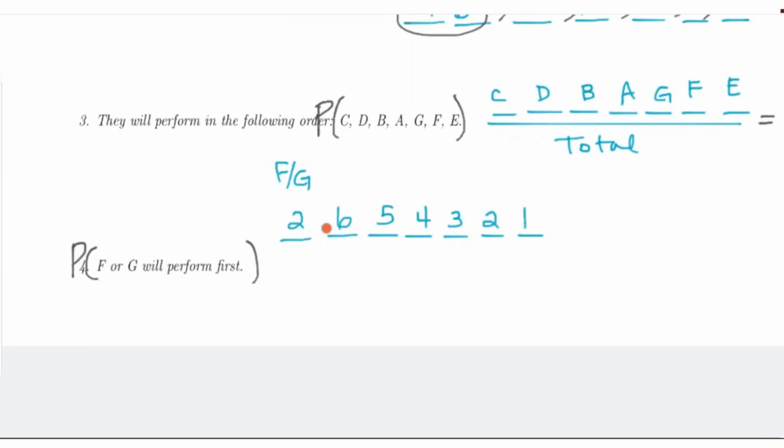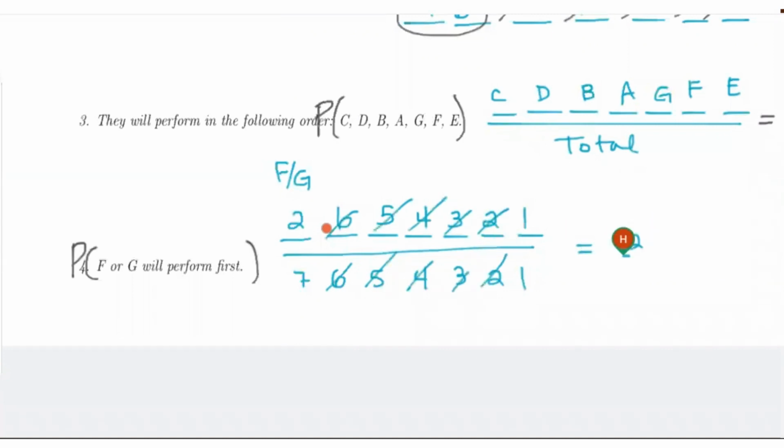Over total. 7, 6, 5, 4, 3, 2, 1 total. So 6, 6, 5, 5, 4, 4, 3, 3, 2, 2, 2 over 7. Any question?